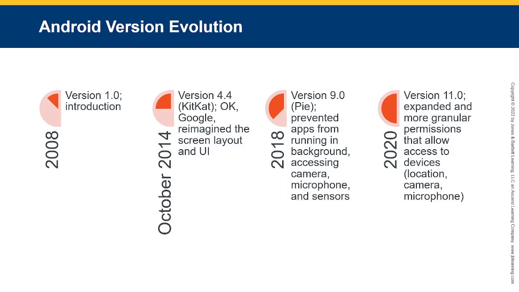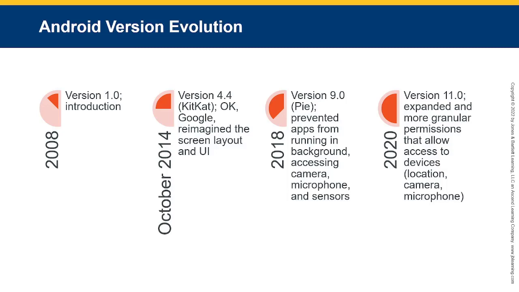October 2014, version 4.4 KitKat introduced OK Google and reimagined the screen layout and UI. November 2014, version 5.0 Lollipop introduced the material design concept, which provides material themes for third-party app developers to use in their mobile apps.